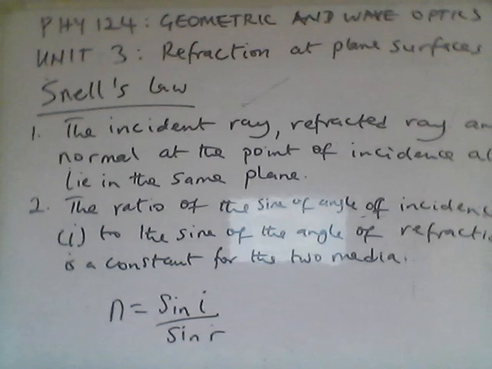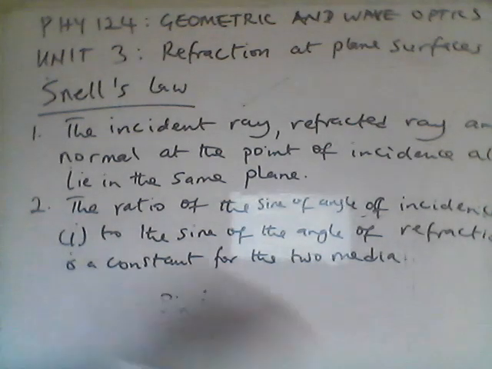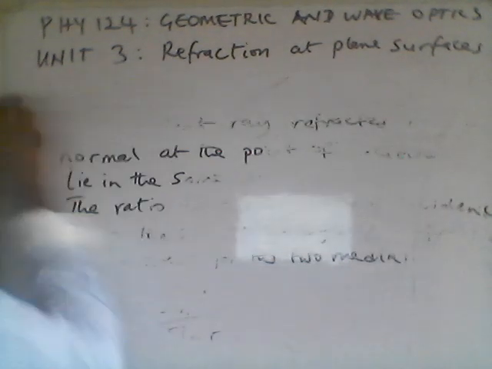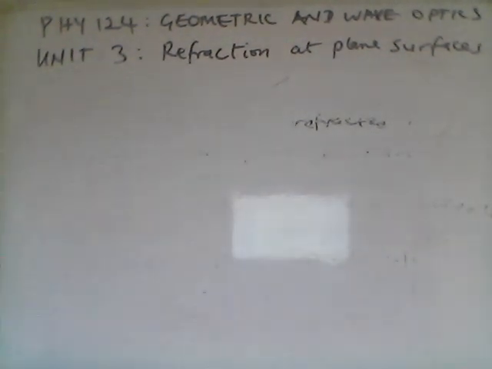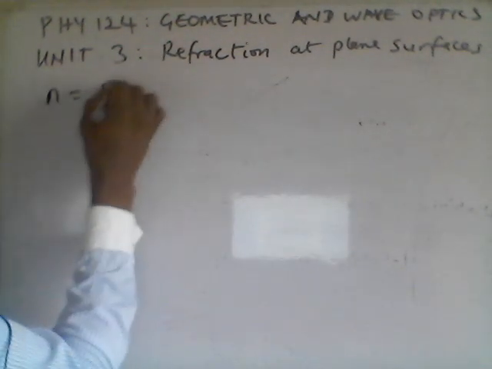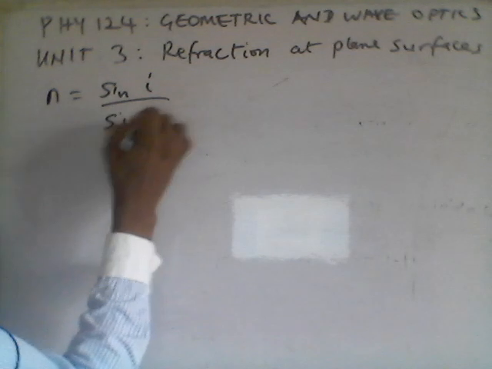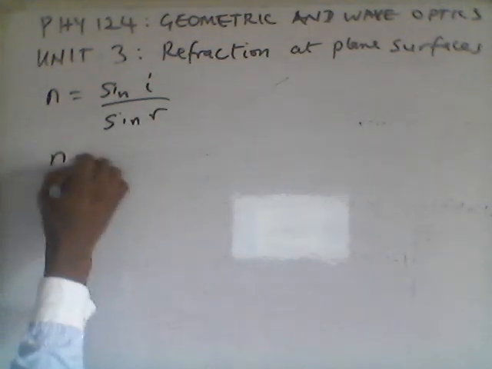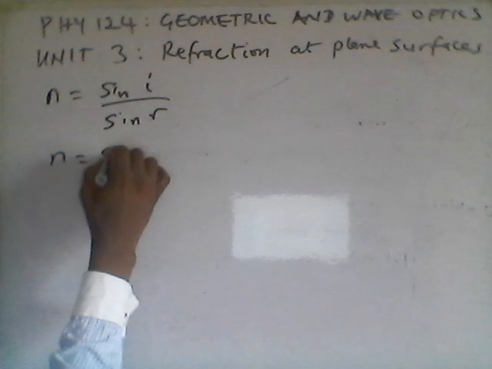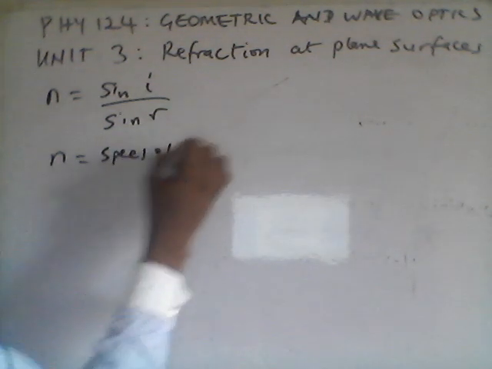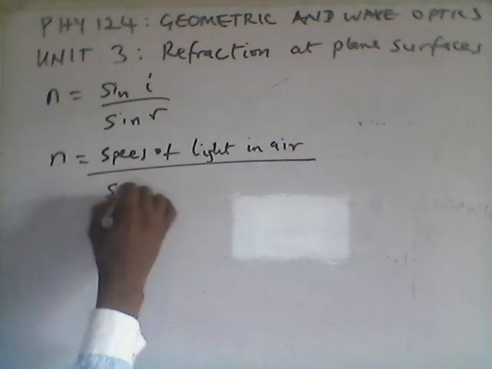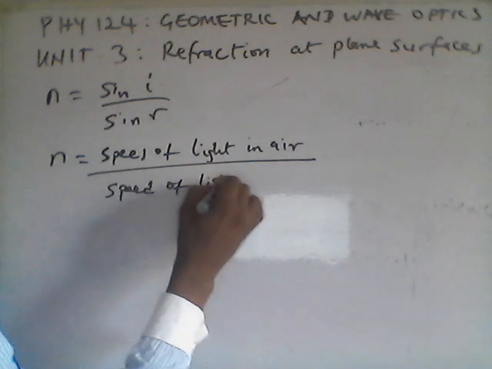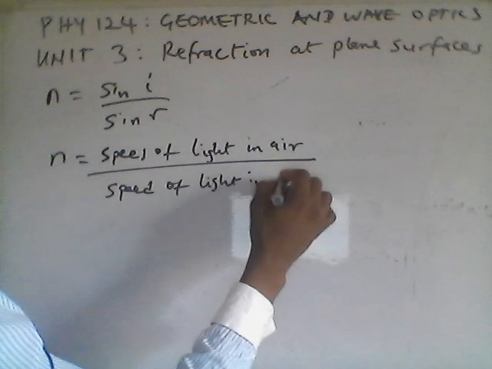Then we can also talk about speed. Let me take this one off. With speed, we can also get refractive index. From Snell's law, we know that mathematically, n is equal to sine i over sine r. And also, n can be the speed of light in air over the speed of light in another medium.